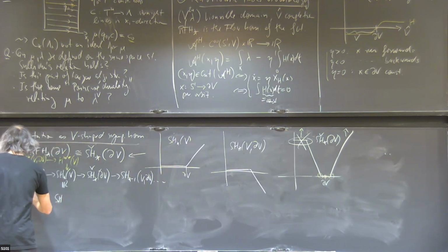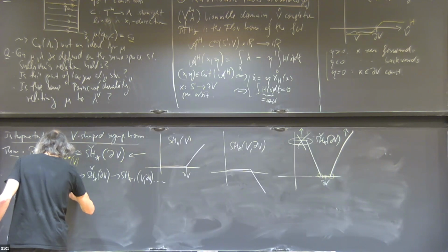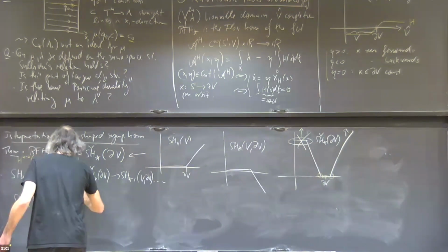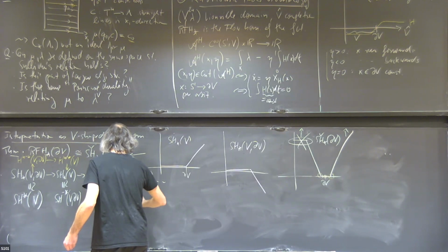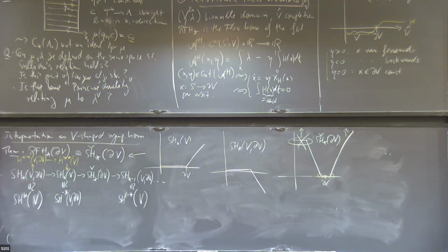You should put it into negative degrees: symplectic cohomology of V, and of the boundary. Let me also write this one: symplectic cohomology in degree 1 minus star of V again. So that is something purely formal, and we were very happy with that.